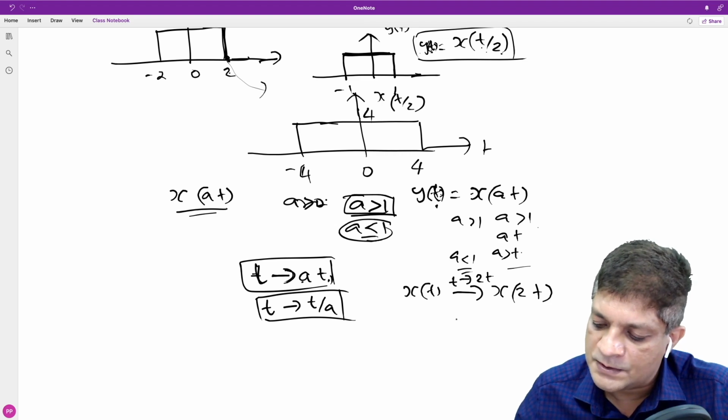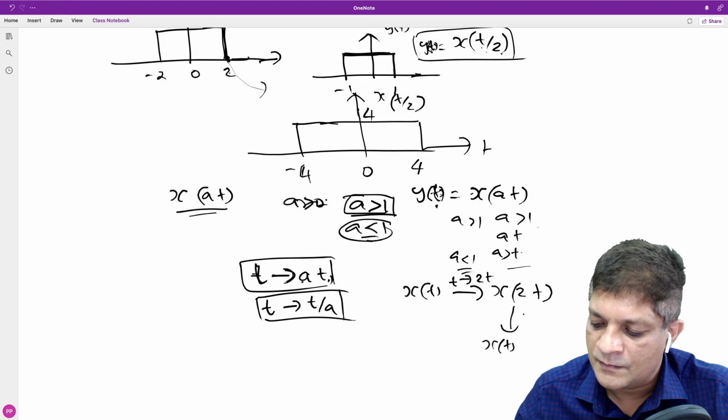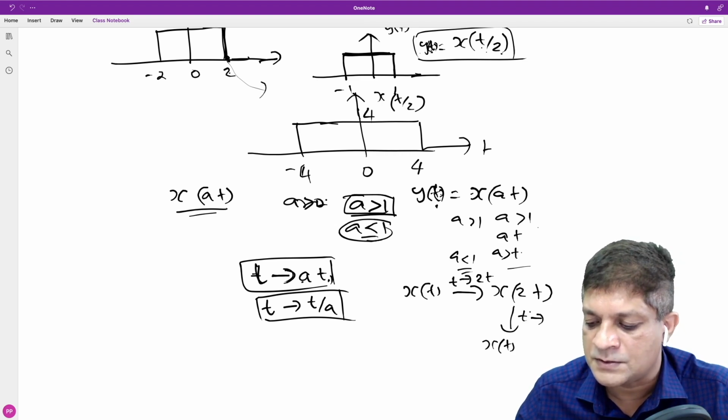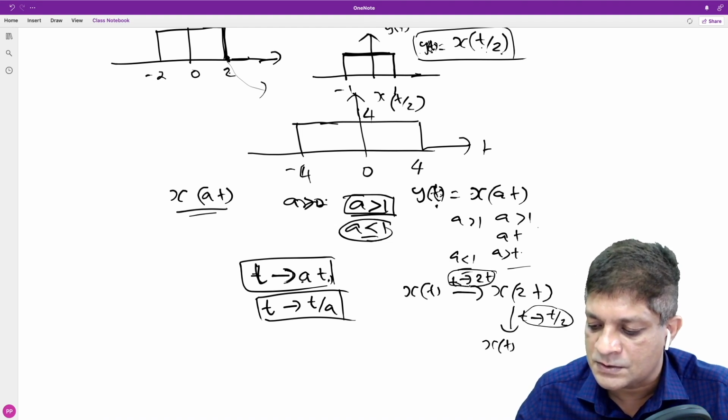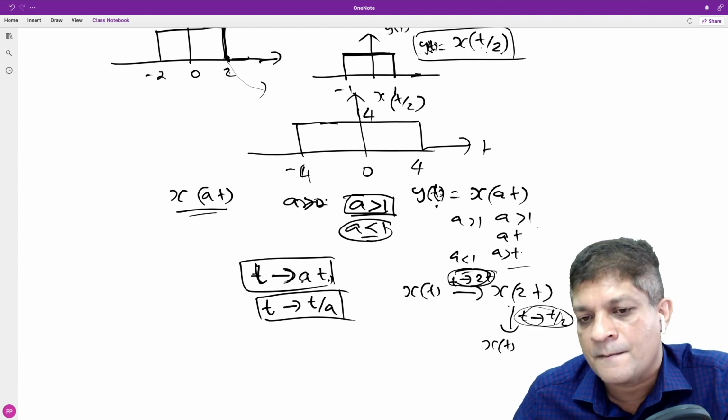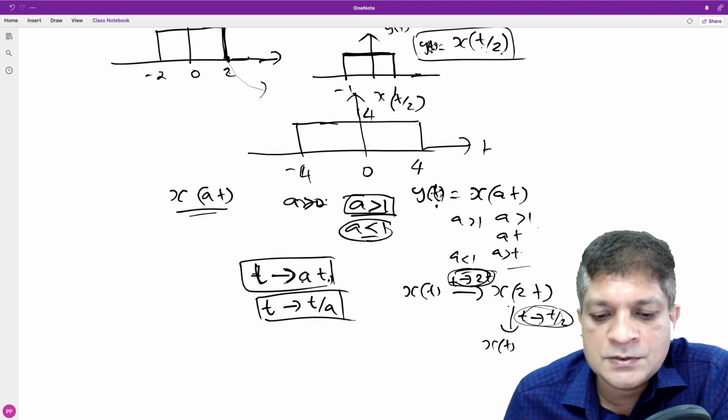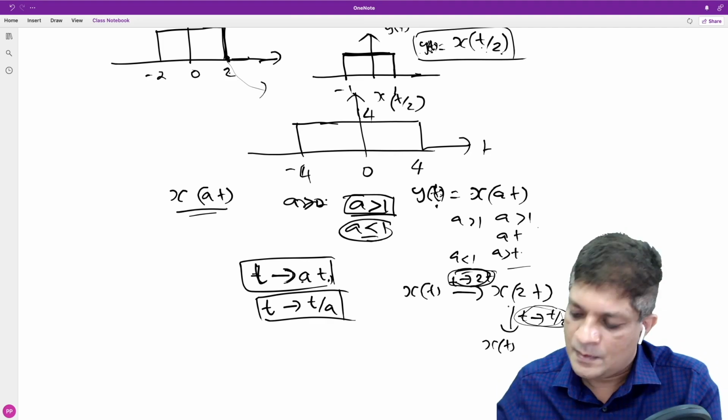Now the inverse operation: how to get back the signal x(t)? You have to replace t with t by 2. That is the inverse of this operation. This is compression and this is expansion. So it is an invertible operation.